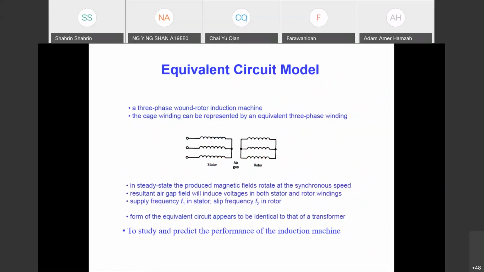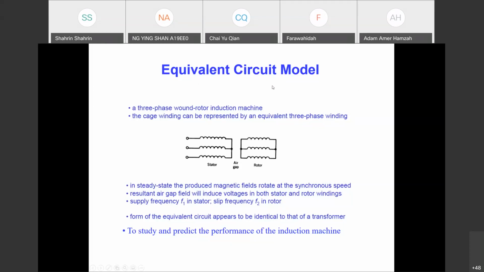Okay, so we go for the equivalent circuit model. This is the three-phase stator, and as you can see, we have an air gap here, and then we have a three-phase rotor. Since we assume that this is a balanced three-phase, our equivalent circuit model will be a per-phase equivalent circuit.